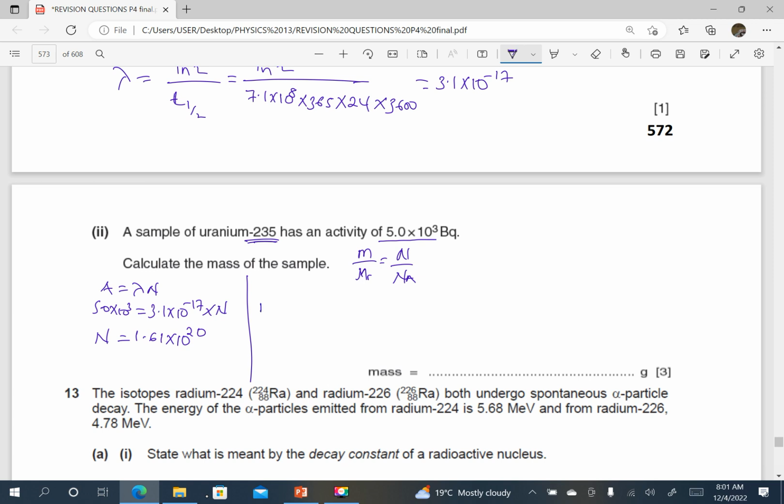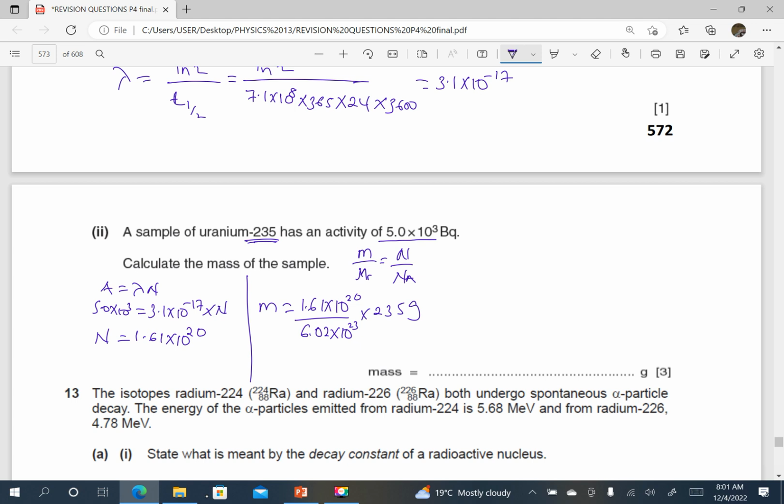So the mass is going to be N, which is 1.61 times 10 power 20, divided by Avogadro's number, which is 6.02 times 10 power 23, times the molar mass, which is 235 in grams. Remember, I've not changed this. This is still in grams.